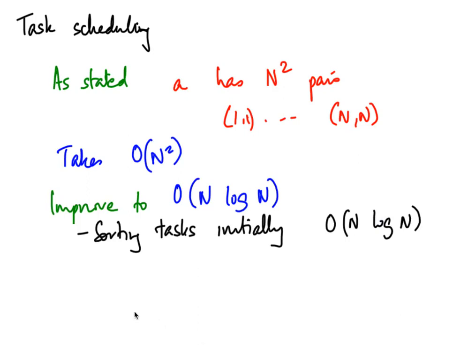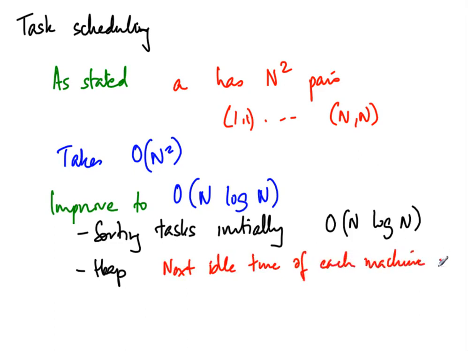And here what you need to do is to use a heap. Okay, so you keep the next idle time of each machine, in what is called a min heap. Okay, so the heap will give you the minimum element in log n time. So the next idle time of each machine is kept in a min heap.